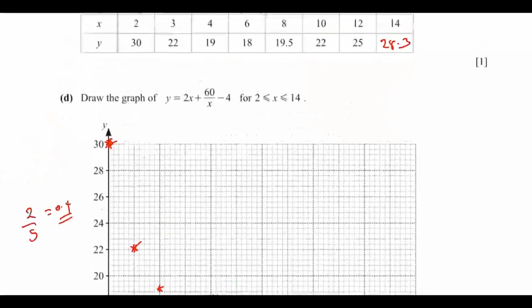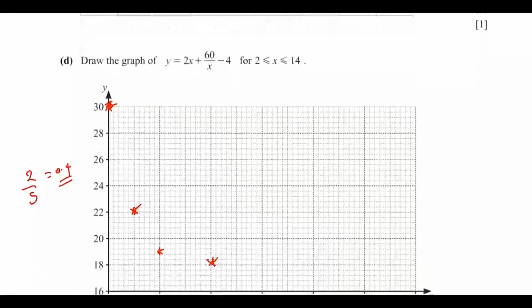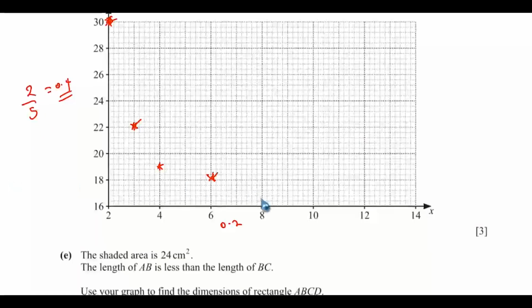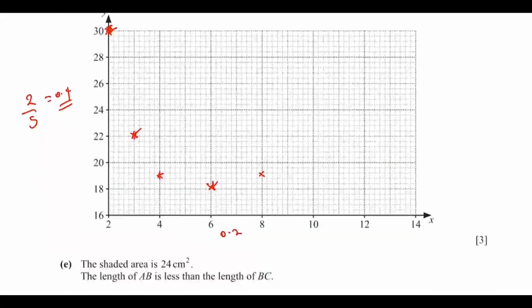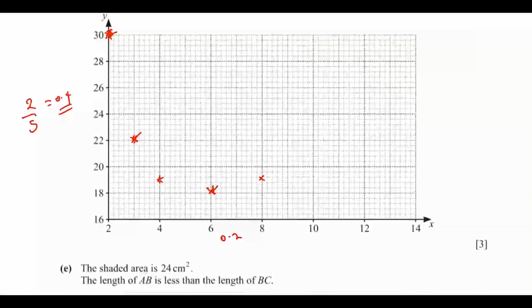The next one is 8 against 19.5. The middle here is 19, then 0.5 can go up a little bit in between the line. Then 10 against 22, so it will be here.